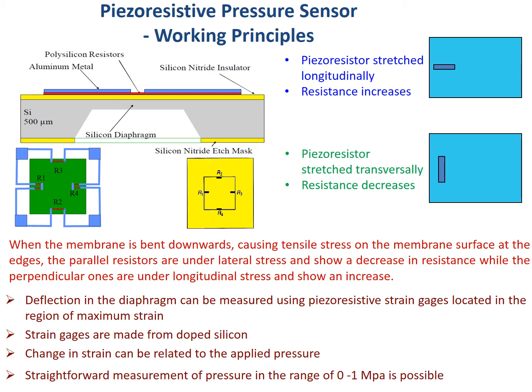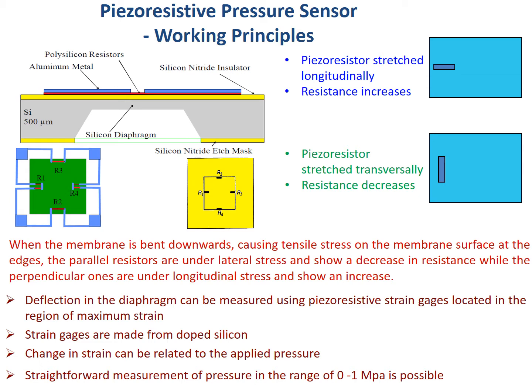The basic principle we have already discussed: if I apply some pressure, then the diaphragm will be deflecting, and because of the deflection the stress or strain will change across the piezoresistor elements, and its resistance will change depending on the stress or strain, tensile force, or compressive force. According to that, either resistance will increase or decrease, right?